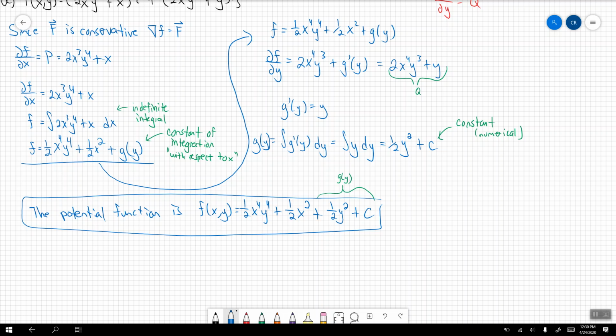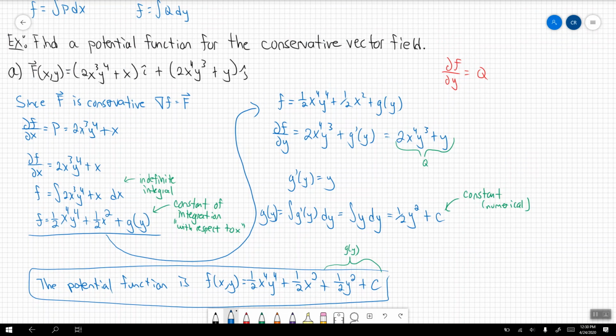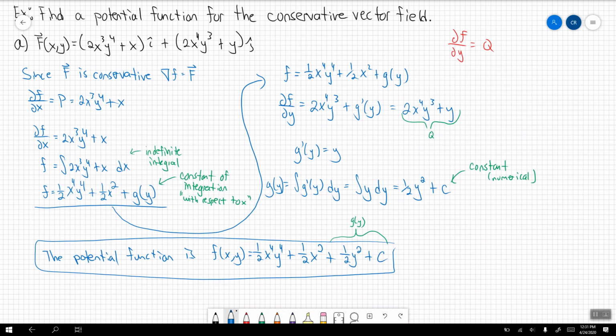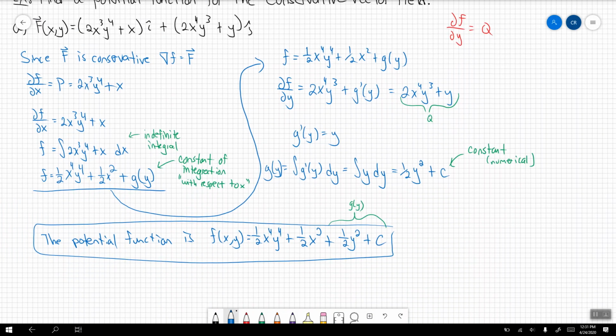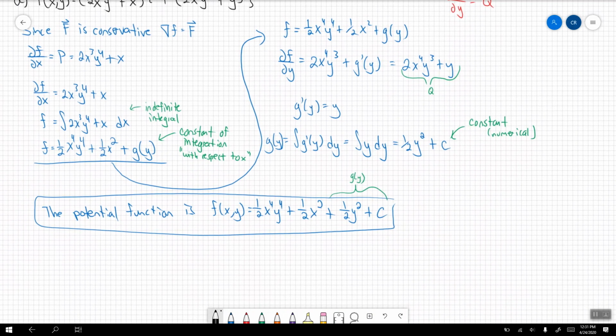Now this again is really nice. You can go through and verify. If you take the partial derivative of this with respect to x, then naturally you should get the first component of the vector field. Take the partial derivative of this potential function with respect to y, and you should get the second component of this vector field. So finding potential functions is really important for us.